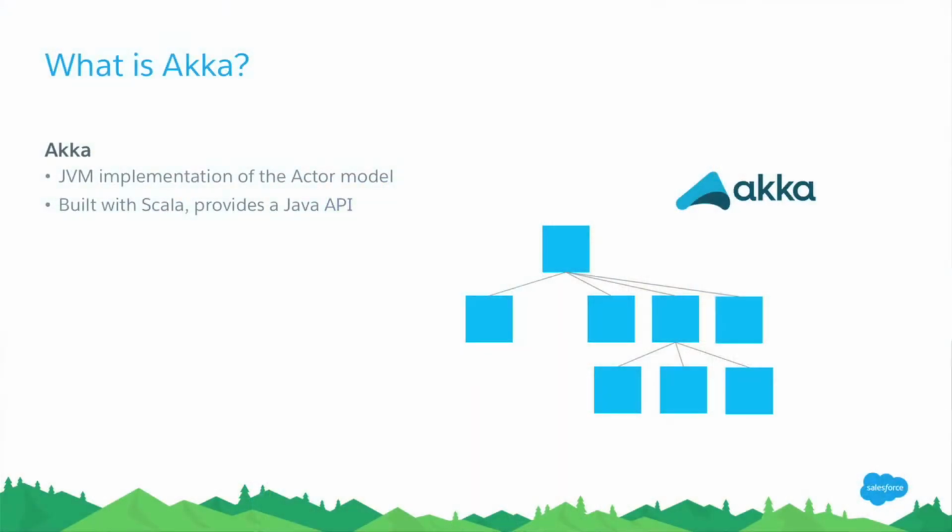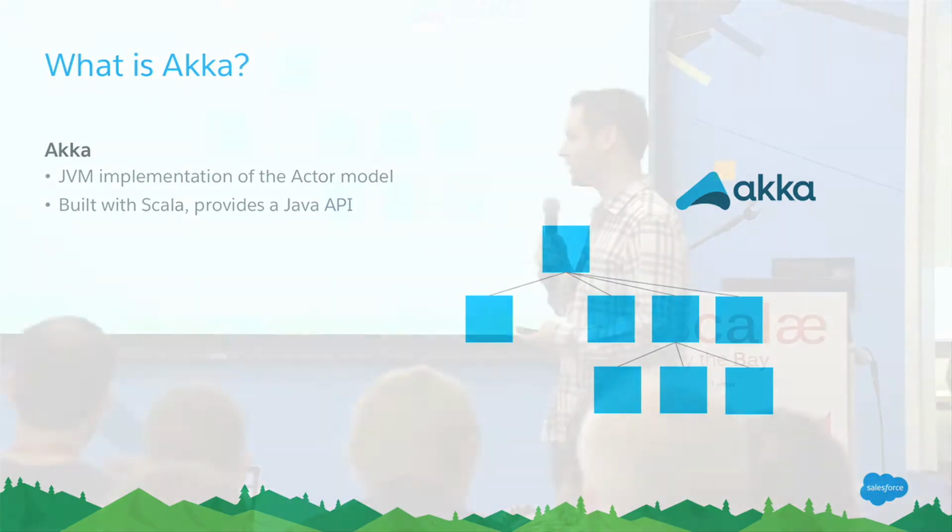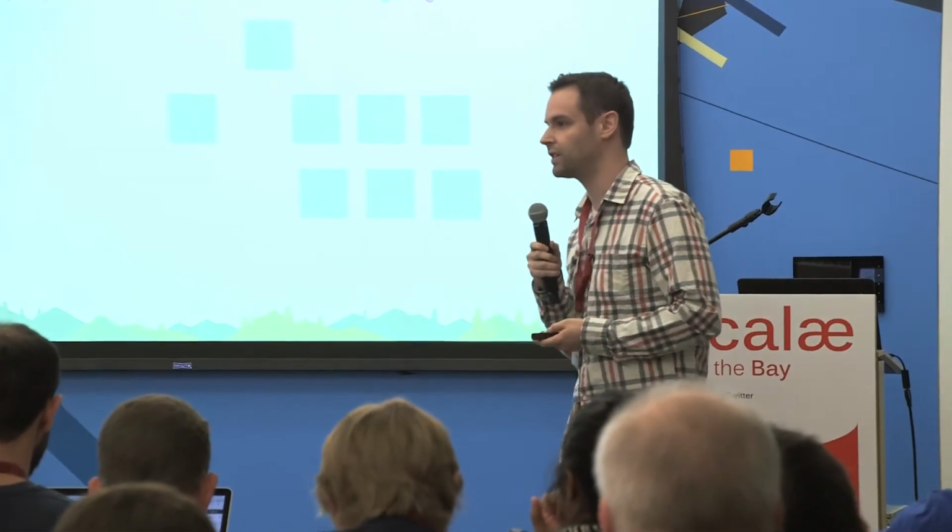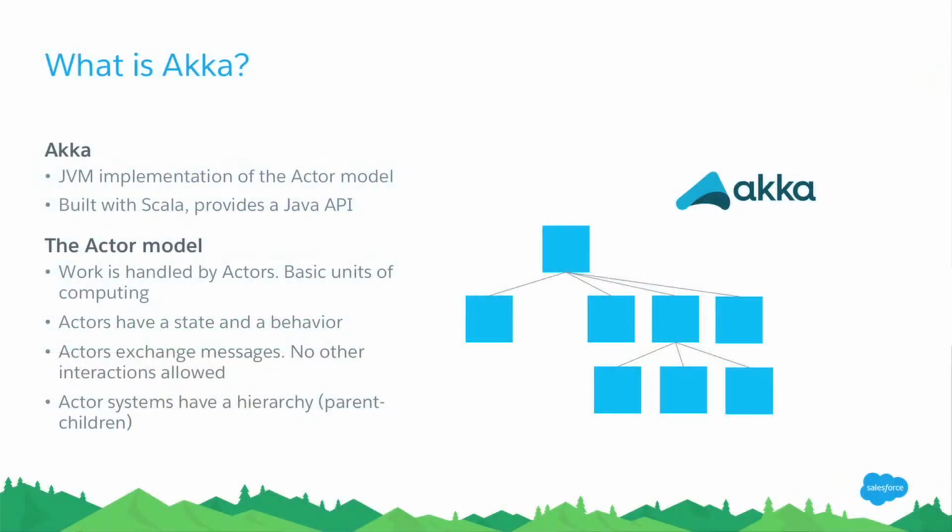So this is probably not the first introduction to Akka you've had this week, but forgive me, I'll do another one. Akka is a JVM implementation of the actor model. It's built with Scala and provides a Java API. And the actor model basically is a mathematical model for doing concurrent work.